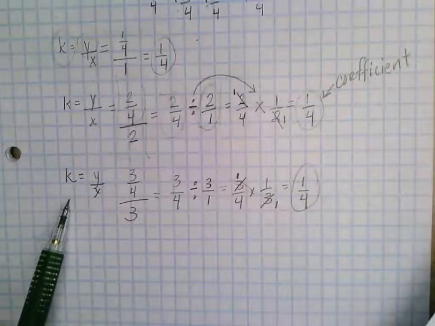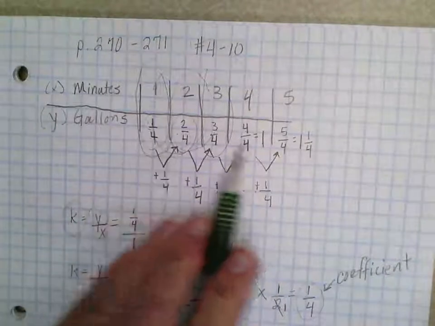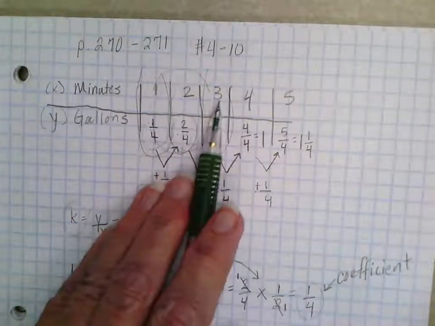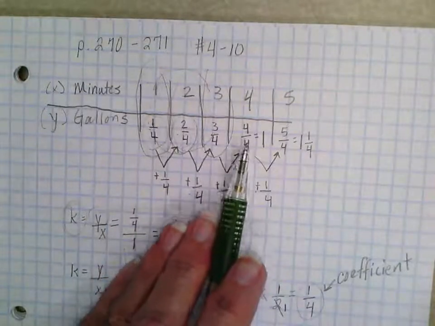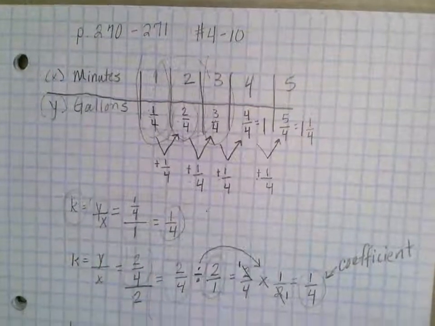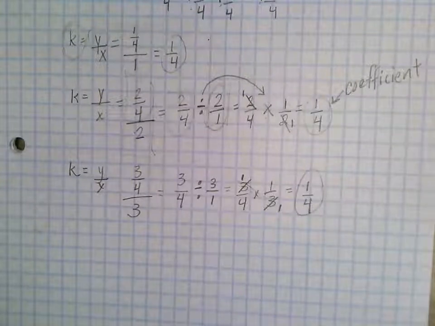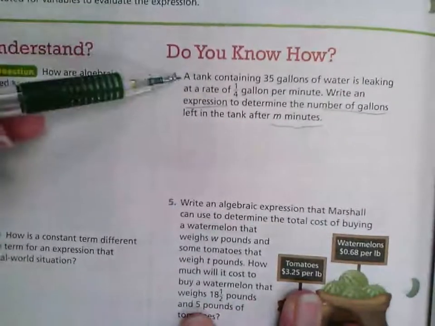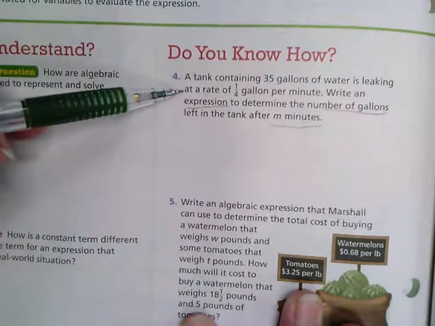When I have a proportional relationship, I have something happening that is repeating over and over, and I have a certain amount that it is either increasing or decreasing by every single time. That constant of proportionality becomes my coefficient in my expression. So let's look back at our question one more time to make sure we're writing this correctly. It says a tank containing 35 gallons of water is leaking at a rate of 1/4 gallon per minute.